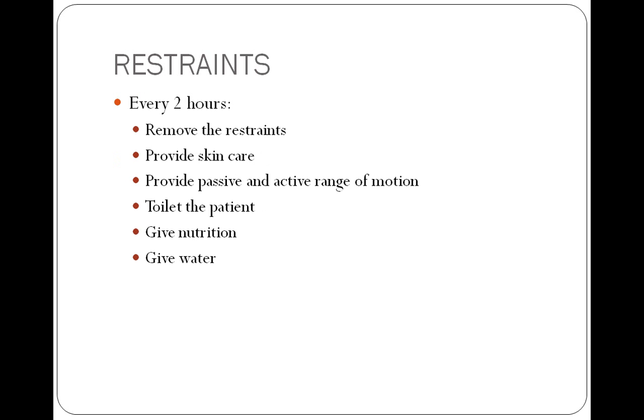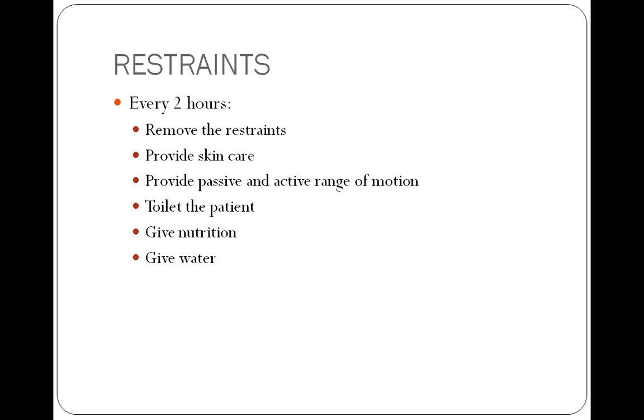So, we've said that every 30 minutes the nurse should observe and assess the patient. Every 2 hours, the patient must be totally taken out of the restraints. During this recess period, the patient's skin care should be assessed and also should be massaged, maybe lubricated with a lotion, doing something that encourages circulation to the skin.